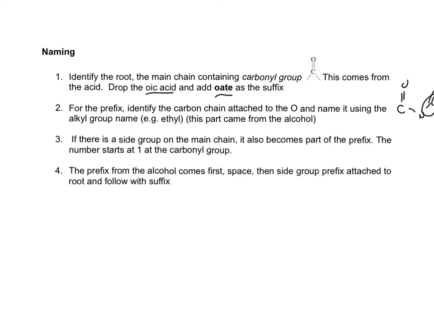So if it was ethanol, it's now ethyl. If there's a side group on the main chain, it also becomes part of the prefix. The number starts at 1 for the carbonyl group, so you would count from that group. The prefix from the alcohol will come first, then the side group prefix for the acid portion, and then the root followed with the oate.